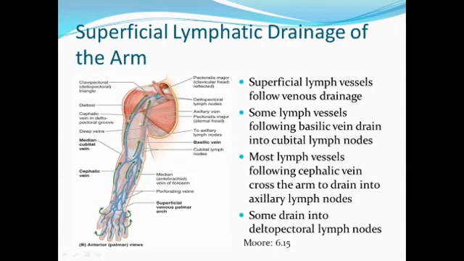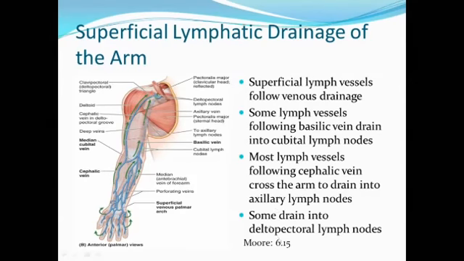However, some will drain into a different set of lymph nodes, the deltopectoral lymph nodes, shown for you here. So there's two patterns of what lymph nodes the lymph vessels following the cephalic vein will drain into. Most of them will go into the axillary ones, however a few will drain into the deltopectoral lymph nodes.